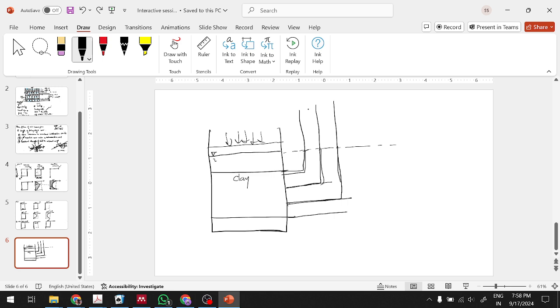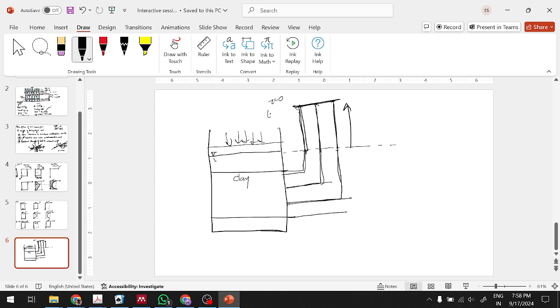So at the instant that the load is given, this water will rise suddenly towards here at t equal to 0. This will be the isochrone. All the piezometers will increase up to here.